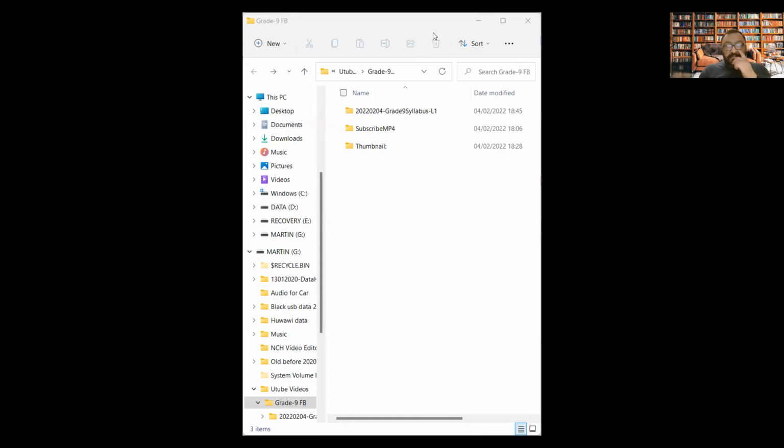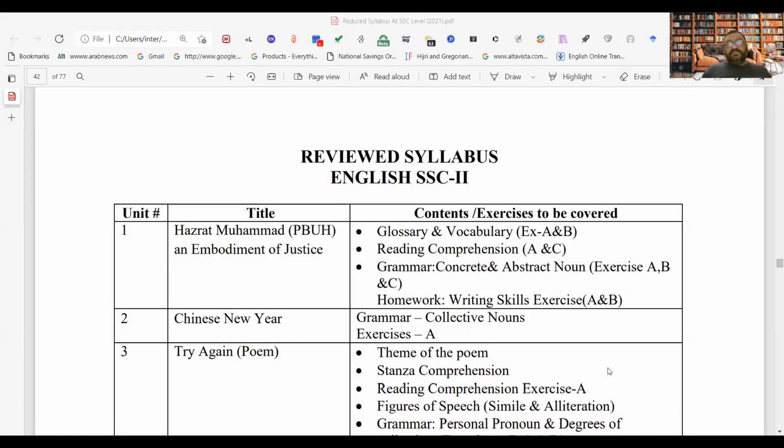You can see the syllabus now. I hope you will now be able to see the screen. That is the reviewed syllabus, also called the Federal Board short syllabus.